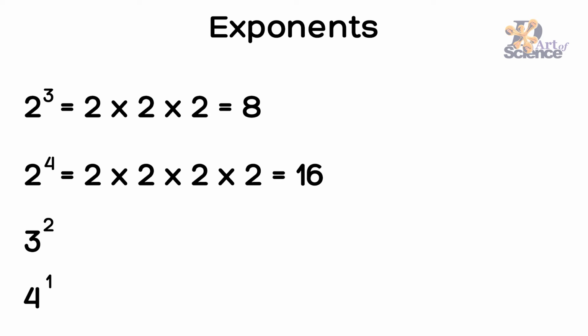Similarly, we have 2 to the power 4 where 2 is multiplied by itself 4 times. We have 3 to the power 2 or also 3 squared where 3 is multiplied by itself twice, and we have 4 to the power 1. Now any number to the power 1 basically means that the number is only multiplied by itself a single time, which is why any number to the power 1 is the number itself.